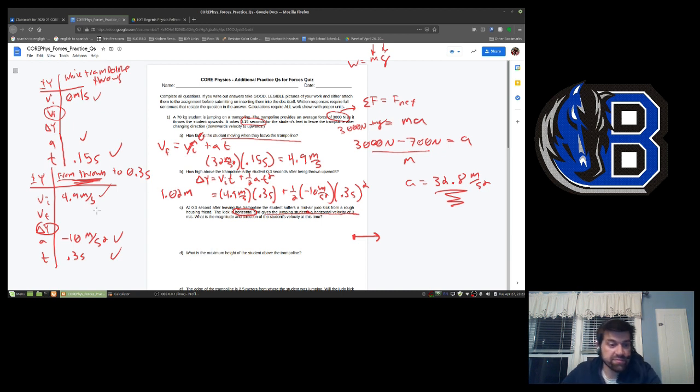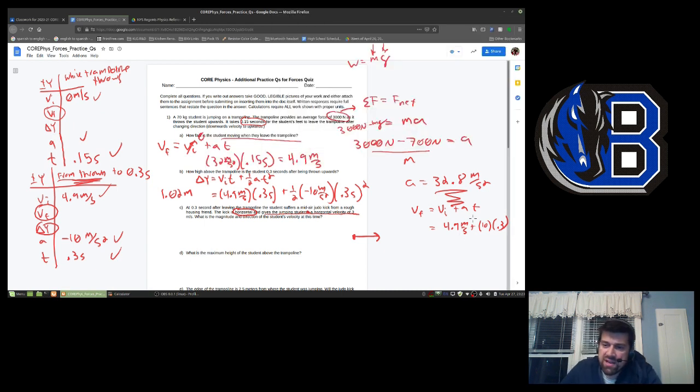Okay, so now I want to know that. I can do something like Vf equals Vi plus At, right? Because then I can find out if I started off at 4.9 meters per second, 0.3 seconds later, how much have I slowed down?